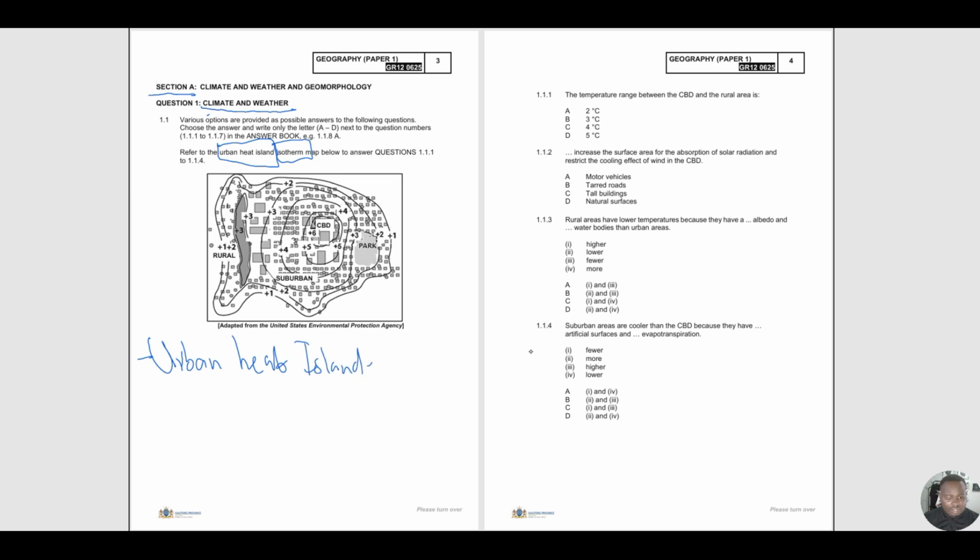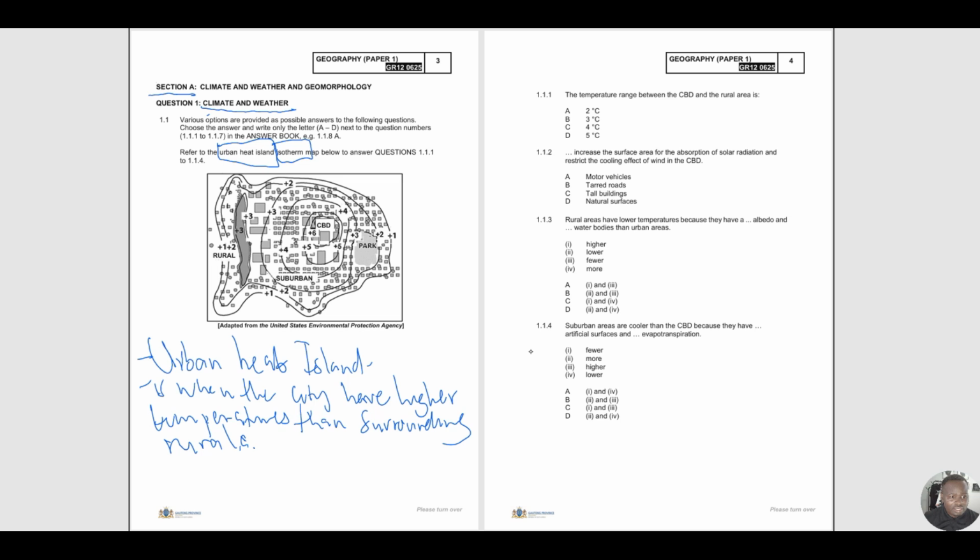Urban heat island is when the city has higher temperatures than surrounding rural areas. So now we know that we are looking at the city having higher temperatures than surrounding rural areas.